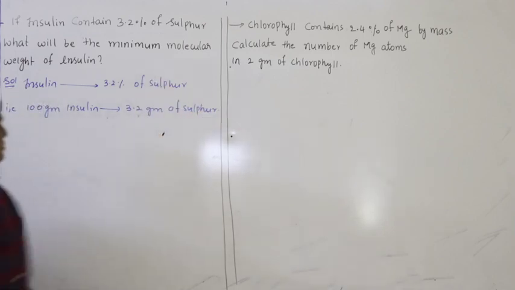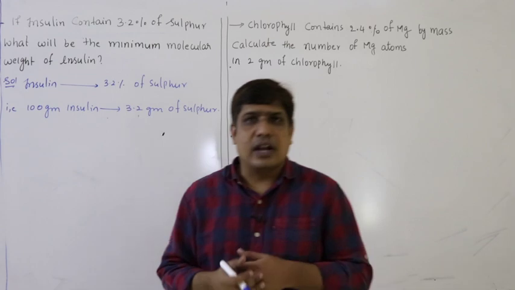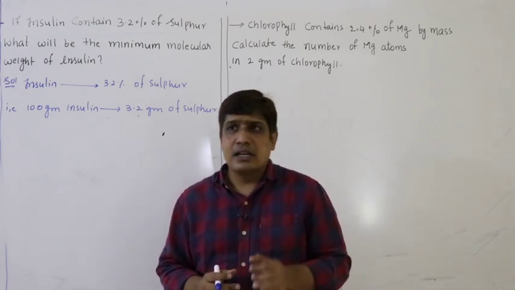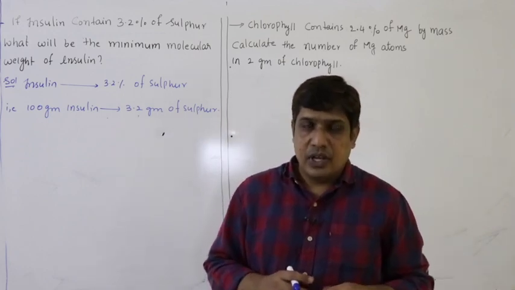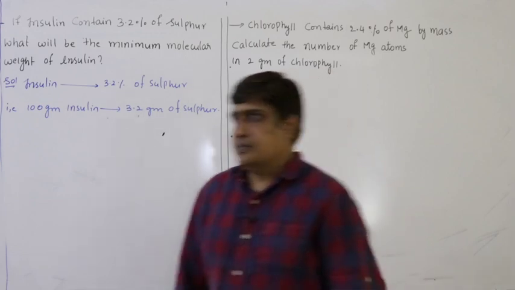Fine. What should be the minimum molecular weight? So insulin contains sulfur atoms. We don't know how many sulfur atoms, but he is asking minimum molecular weight. Minimum molecular weight means insulin must contain at least one sulfur atom. If it contains at least one sulfur atom, what is the atomic weight of sulfur? 32.